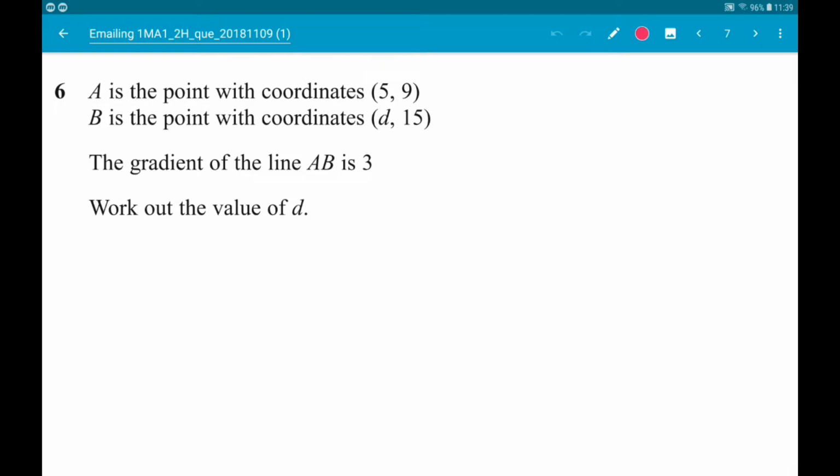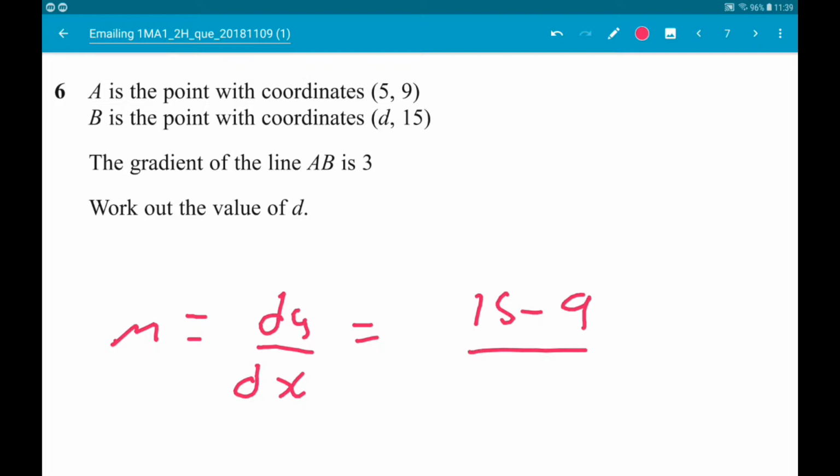So, gradient is difference in y, so dy, over difference in x. So here we could do 15 minus 9 over d minus 5.